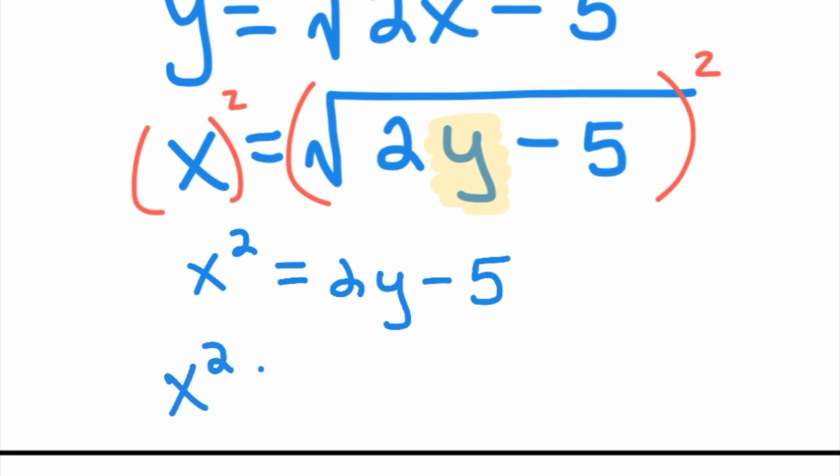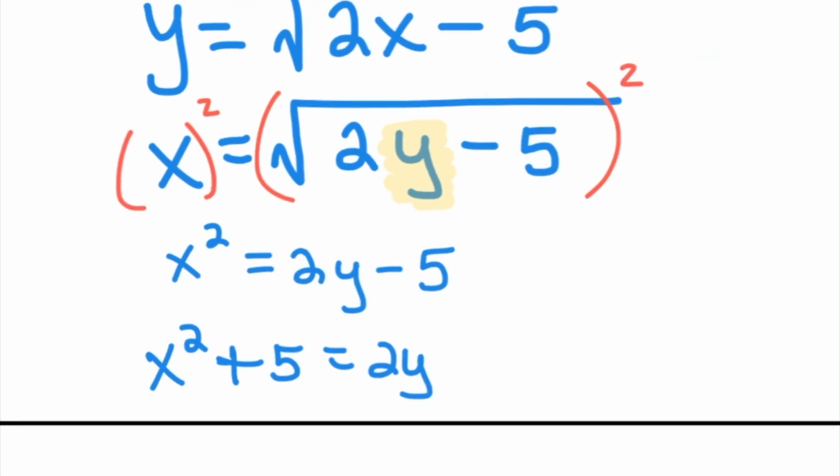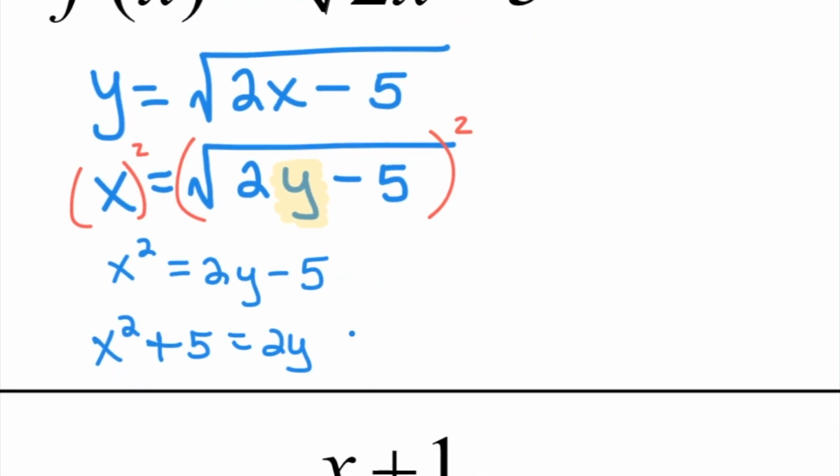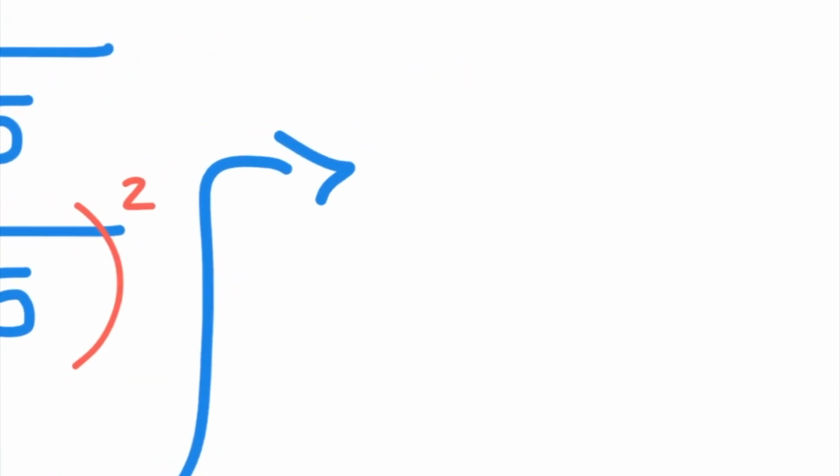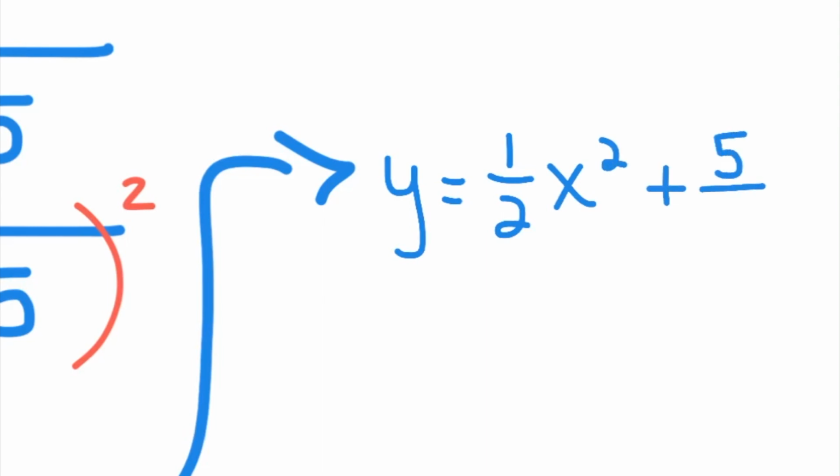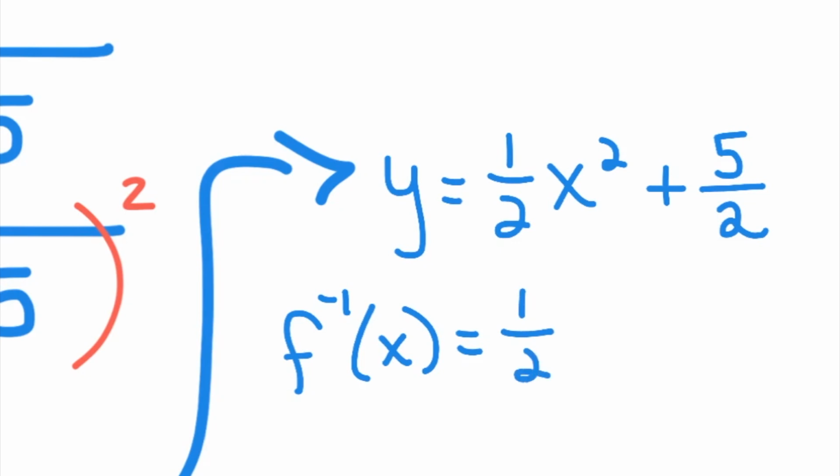So now I've got x squared plus 5 equals 2y, and divide both sides by 2, and I get y equals 1/2 x squared plus 5/2, and really I should write it f inverse of x equals 1/2 x squared plus 5/2.